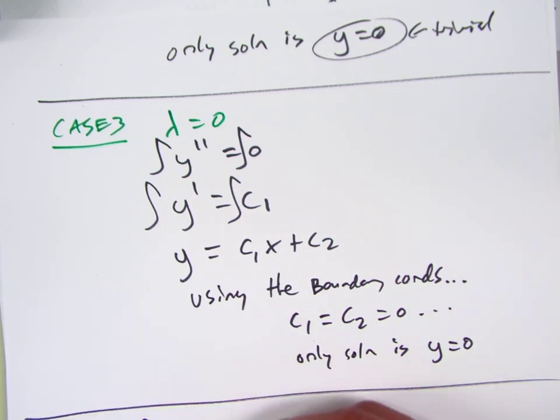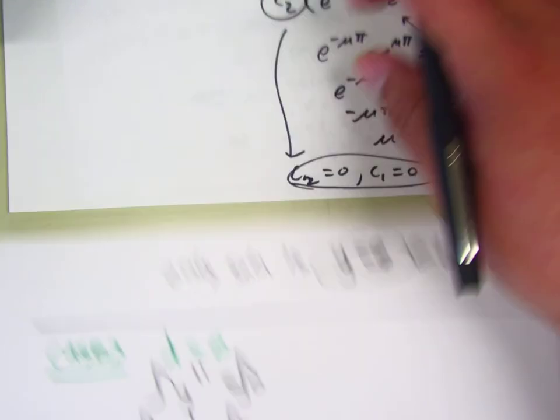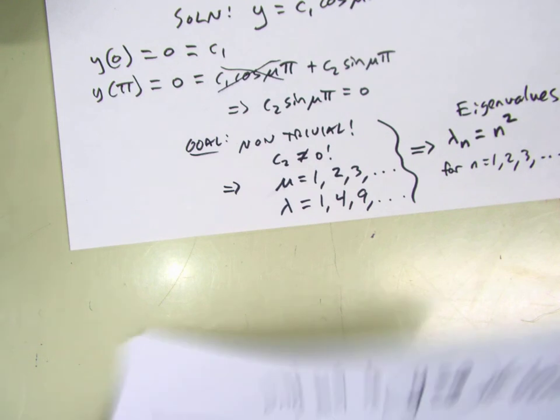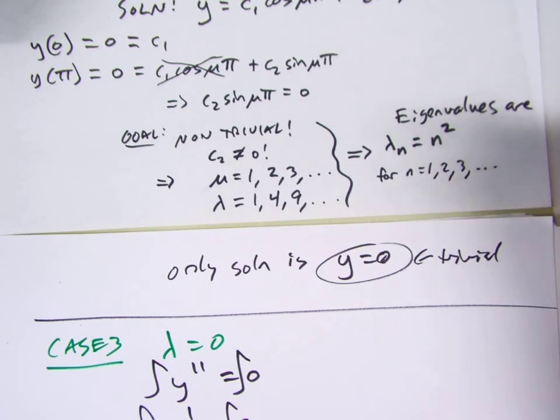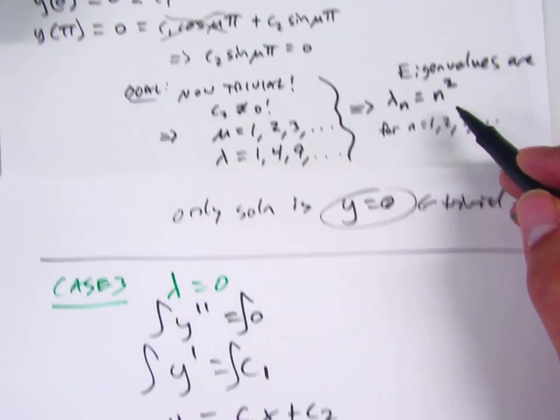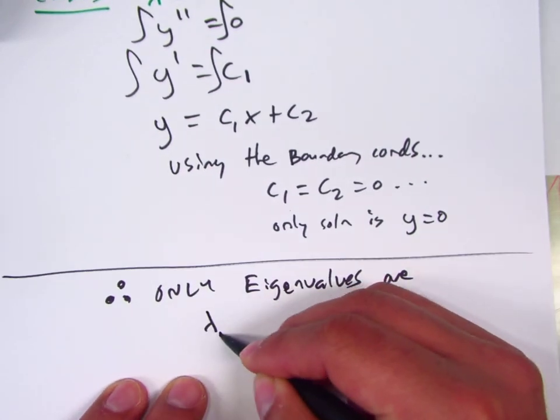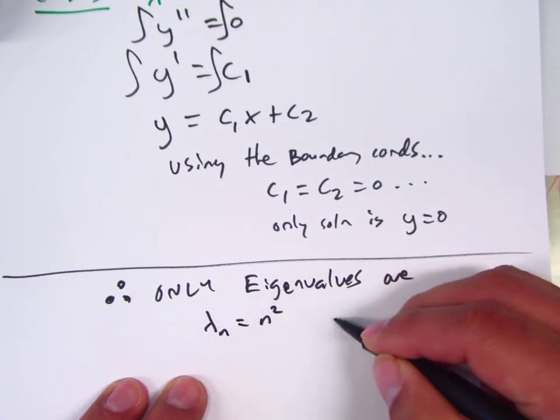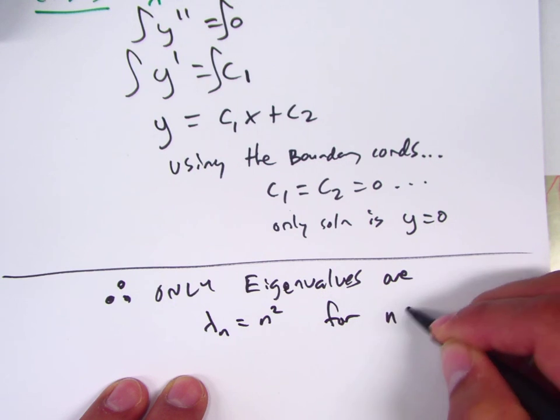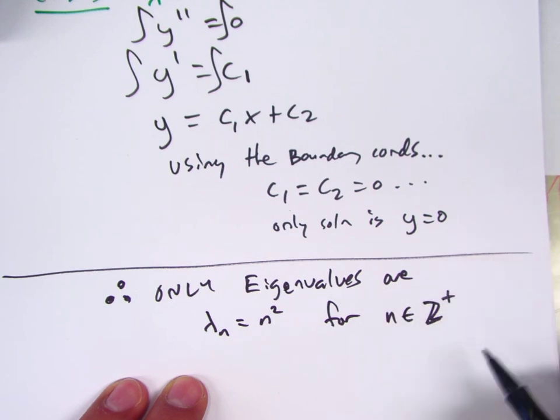The only eigenvalues are the very first ones that we did, case 1, which were right here. So the only eigenvalues we have, I'm just going to rewrite it down here, are lambda sub n equals n squared, for n a positive integer. This is just a fancy way of saying n equals 1, 2, 3.